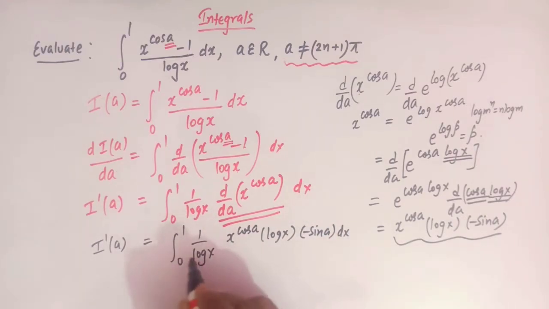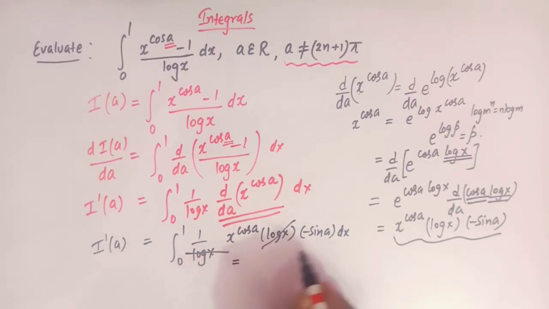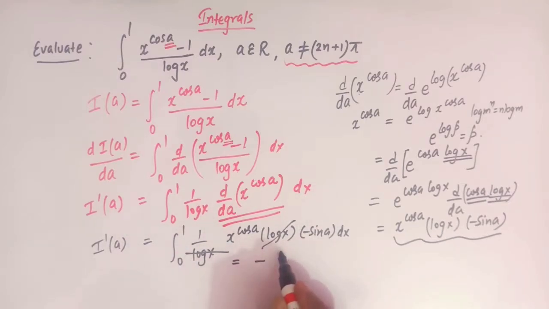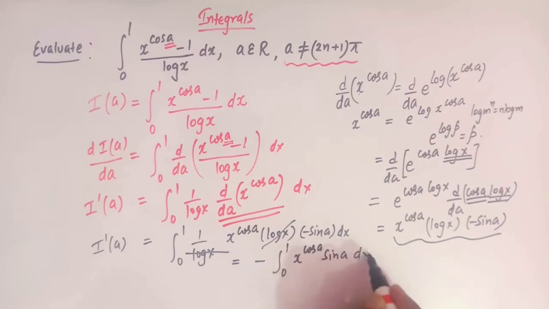We see that log x and log x get cancelled, and we can take the negative sign outside, so we have minus the integral from 0 to 1 of x raised to cos of a times sine a dx.